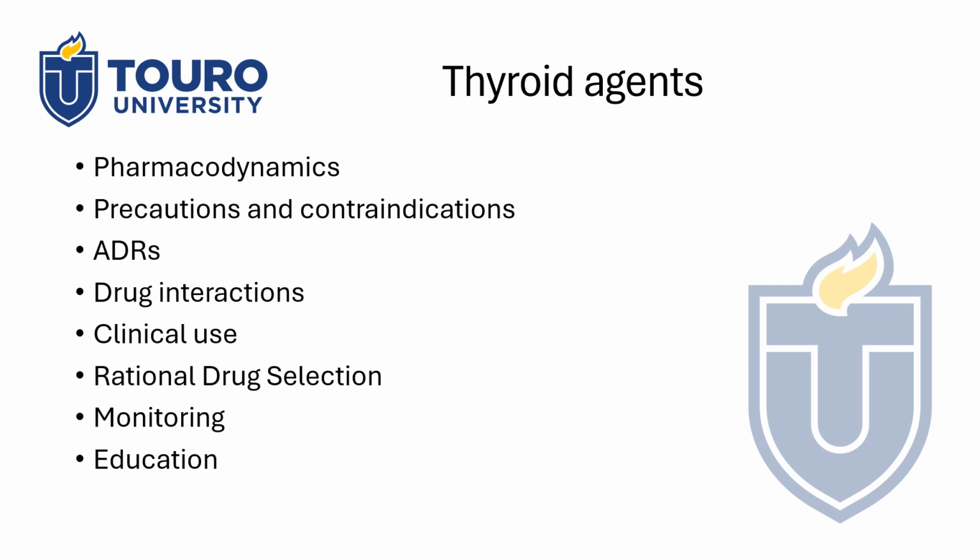When thyroid function is altered, there's a series of physiological changes that affect drug absorption, metabolism, or excretion. So there is an altered pharmacokinetics for a variety of drugs in both hypothyroidism and hyperthyroidism. What that means is that drugs may not metabolize normally if the patient has one of these two conditions.